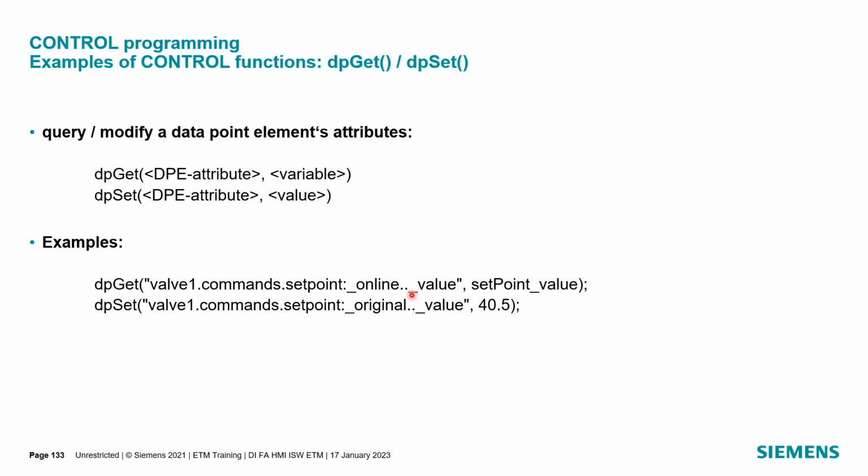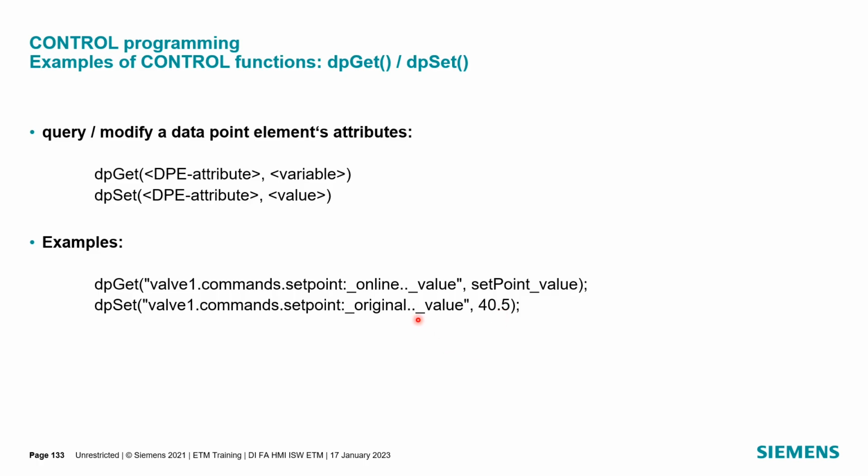It's a string, so we are using quotes, and then we are storing the value from the online value to the variable setPointValue. Or we do a dpSet, which is taking the data point element address string valve1.command.setPoint and pointing to the original value and storing 40.5 on this data point element.